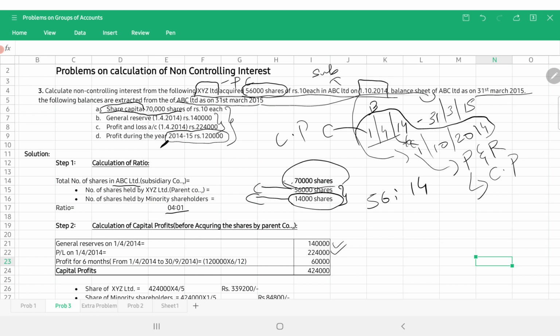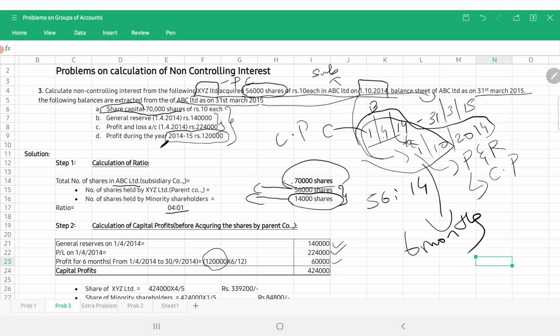Fine. So if you see here, from the 4th month up to the 9th month, it comes to 6 months. So only 6 months you should take. The total is 1,20,000, and in that 1,20,000 take only 6 months, which is 60,000.